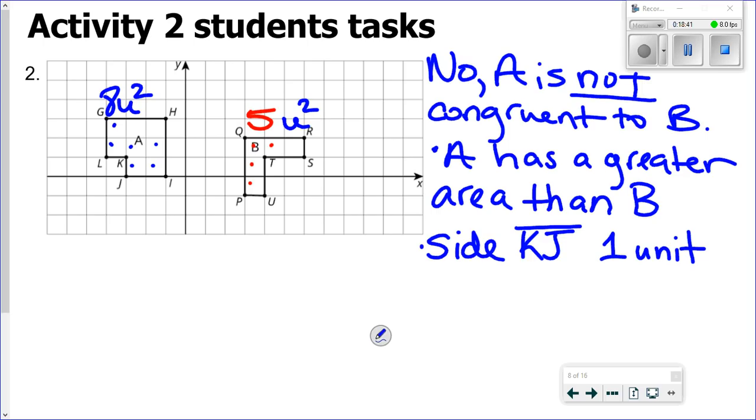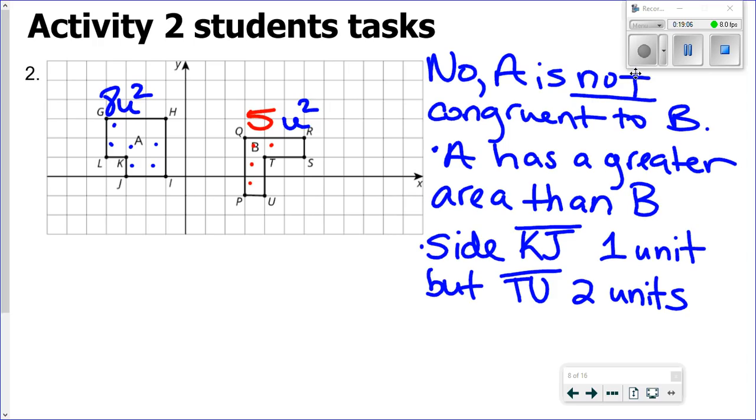However, I know that side TU is 2 units long. So those are not congruent. As long as you have a valid reason that talks about side lengths or area, or even diving into the world of perimeter, we can indicate that these two figures are not congruent.